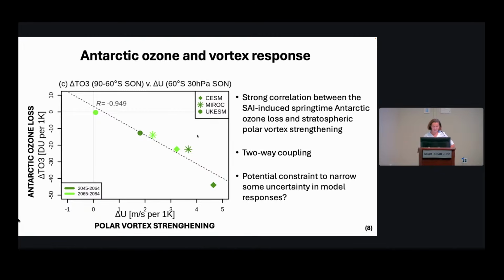And when we correlate the magnitude of the springtime Antarctic ozone loss on the y-axis with the corresponding strengthening of the polar vortex on the x-axis, and I do it for 3 models and 2 time periods, we actually end up with a pretty strong relationship, as far as relationships in the stratosphere go in general. And notably, this ozone-vortex coupling goes both ways.